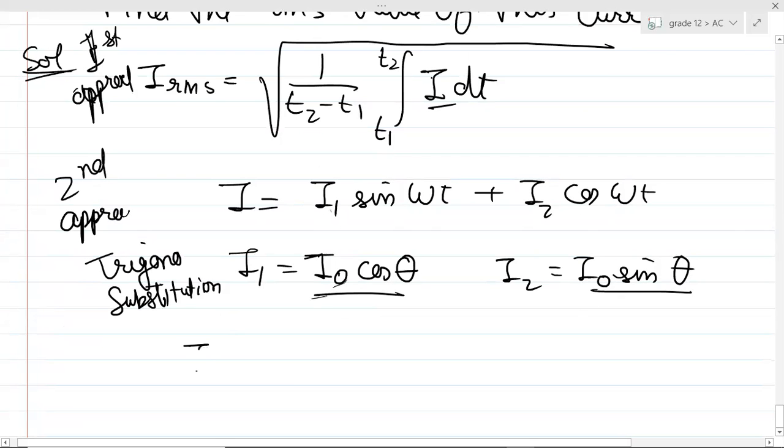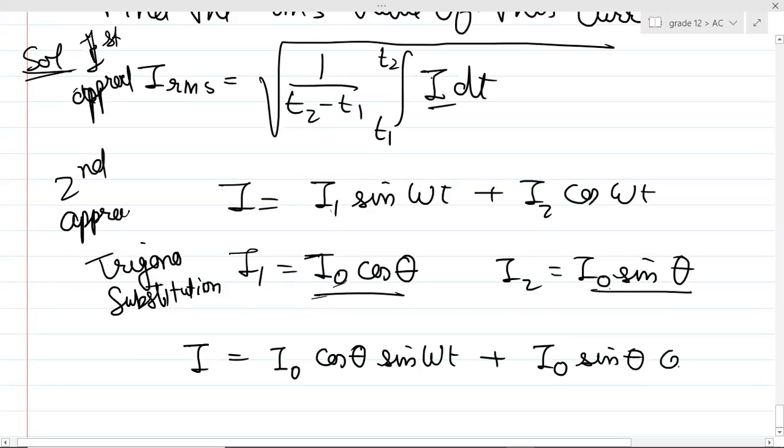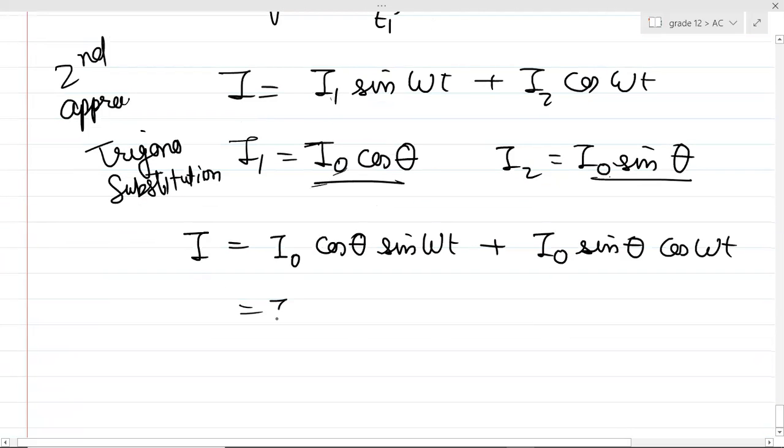Can you see over here, I becomes equal to I naught cos theta sin omega t plus I naught sin theta cos omega t. Does it become like this? Can I take I naught common? Yes, sir. Then can you see cos A sin B plus sin A cos B is something?